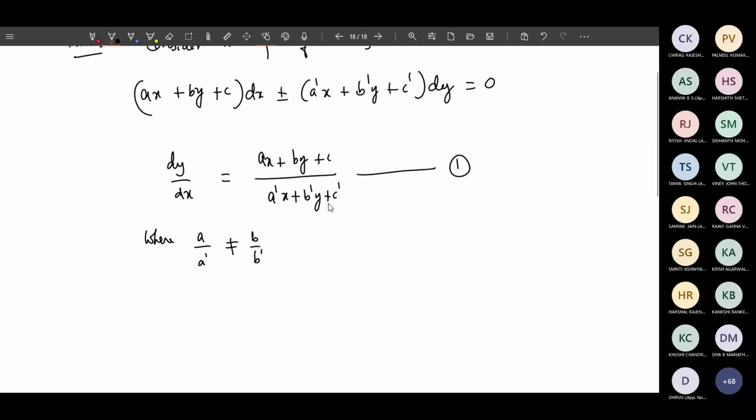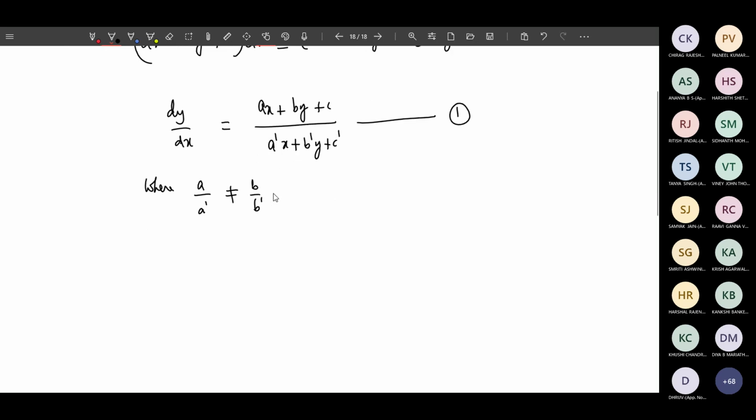So we have to make this homogeneous by getting rid of these constants. The best way is to shift the origin, which means we take a constant substitution here. Capital X will be replaced as x plus h, and y can be replaced as y plus k.